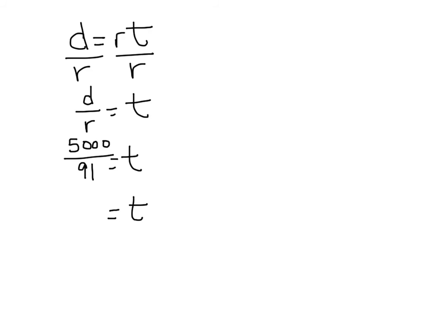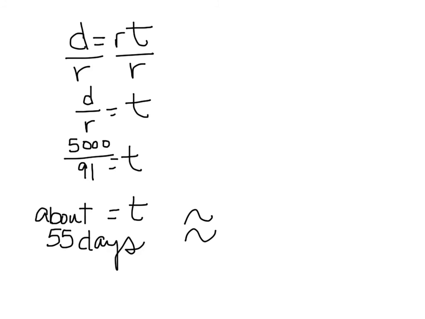So we're going to approximate and say about 55 days. Now, there's another way to write that. If you ever want to say approximately, it looks like an equal sign but squiggly. So you could also say approximately 55 days.